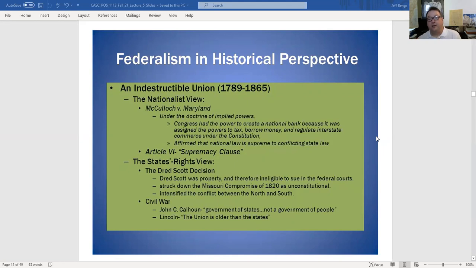Now, underneath this first point, I'm going to go ahead and say we use the letter A. A, dual federalism. The first subpoint, number 1, is an indestructible union, 1789 to 1865. What is significant about this year, 1865?